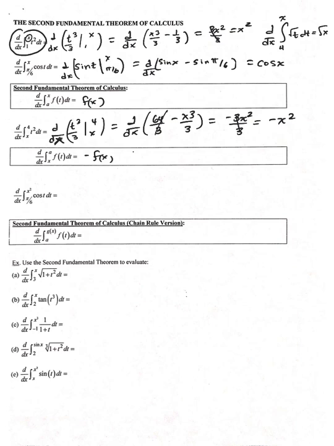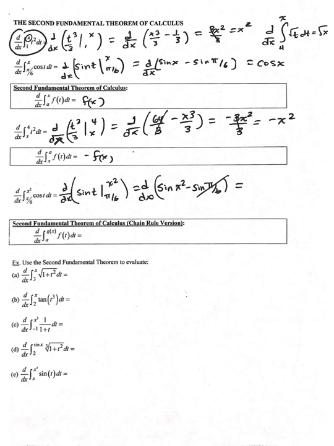Okay, so now they give us an example here. They're saying the upper bound is x squared. Okay, so this one's a little different. It's not just linear. So the antiderivative of cosine is sine, right? So the upper bound is x squared. So we get sine x squared minus sine pi over 6. Do you see already that there's going to be a chain rule involved here when we get this derivative?